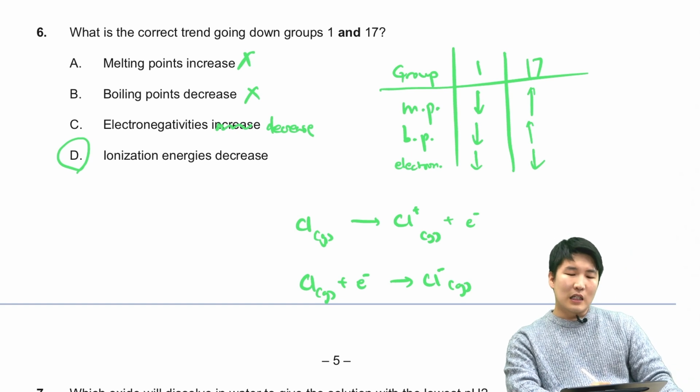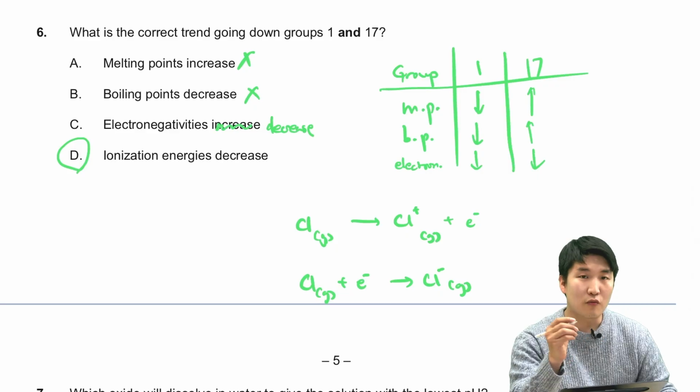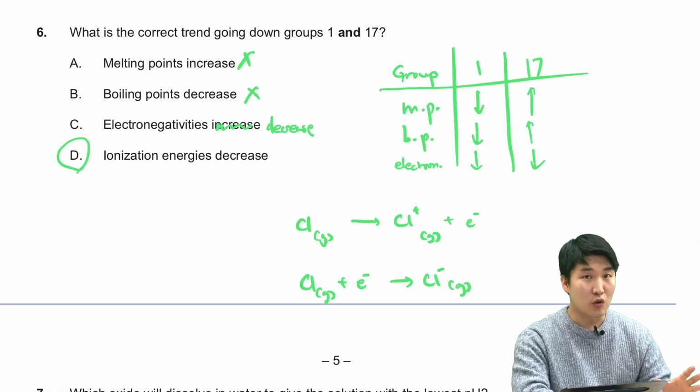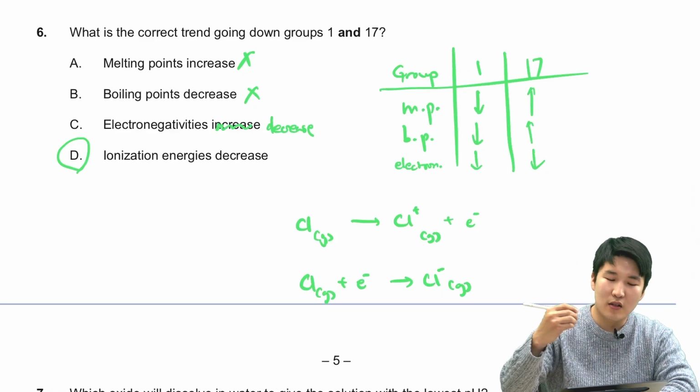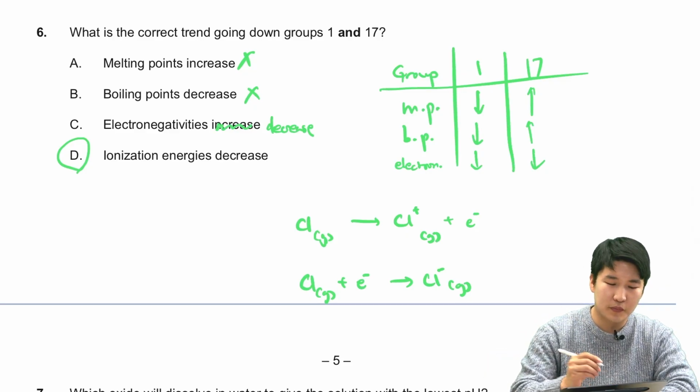Nevertheless, it would be more difficult to remove an electron from a positive halogen than a neutral halogen, which means the ionization energy would also decrease down the group.